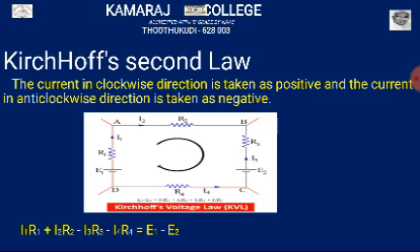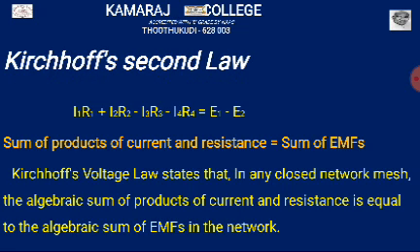So we can write the total equation as I1 R1 plus I2 R2 minus I3 R3 minus I4 R4 is equal to E1 minus E2. That is, the sum of products of current and resistance is equal to the sum of EMFs. So Kirchhoff's voltage law states that in any closed network, the algebraic sum of products of current and resistance is equal to the algebraic sum of EMFs in the network.